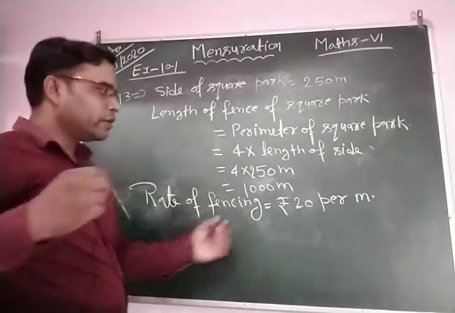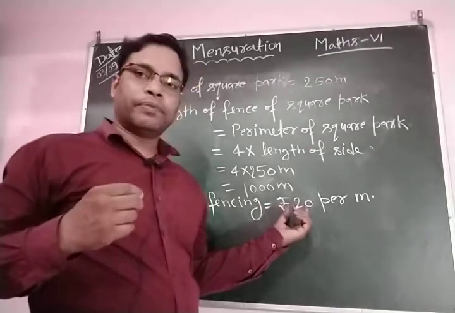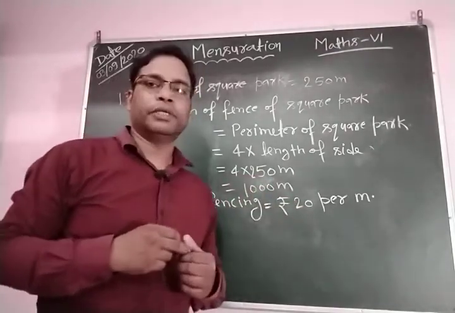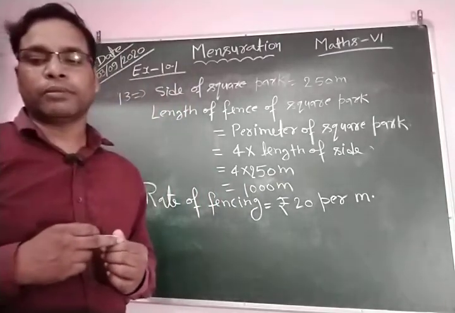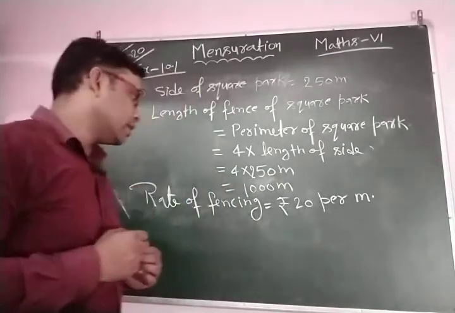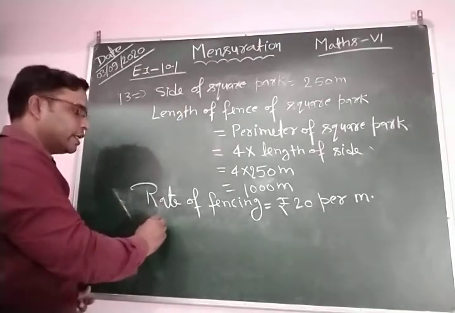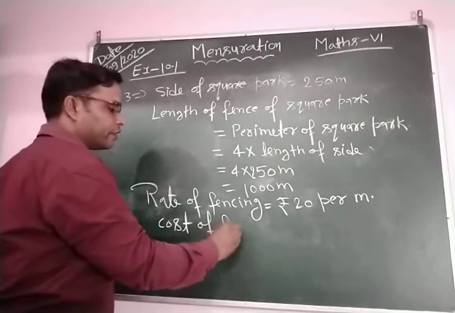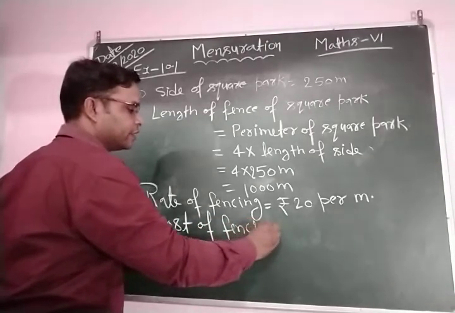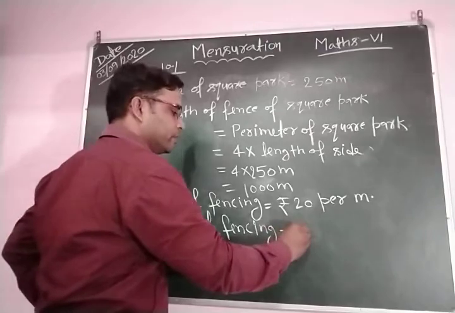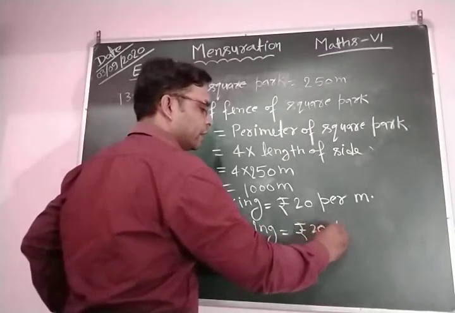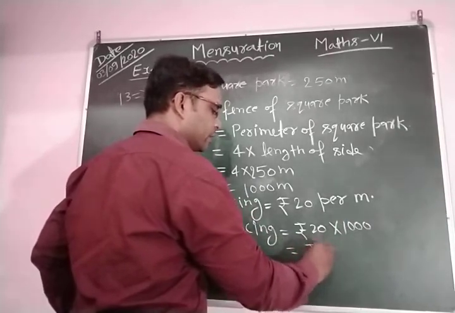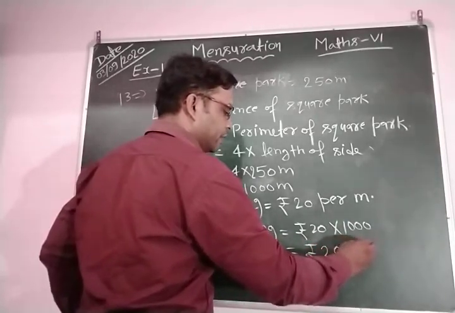For 1 meter we need to pay 20 rupees, but we have 1000 meters. So what amount do we pay here? So for this we write here cost of fencing, and this is equal to rupees 20 into 1000, which is equal to 20,000.